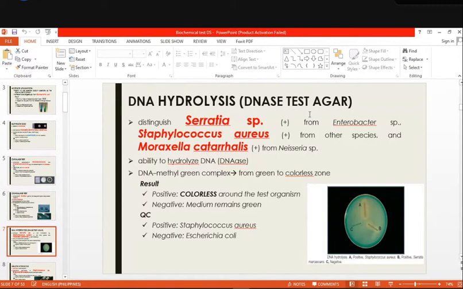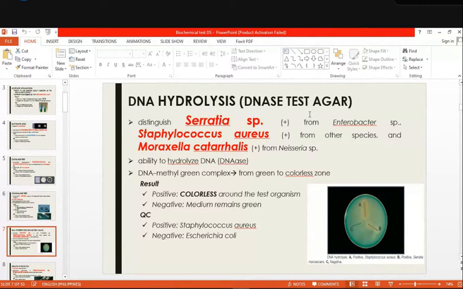So, yung DNA mo plus yung toluidine blue na indicator mo will be colored blue. Present si enzyme, your DNase, it will now hydrolyze that blue complex, toluidine plus your DNA, and toluidine is reduced and converts to rose pink.